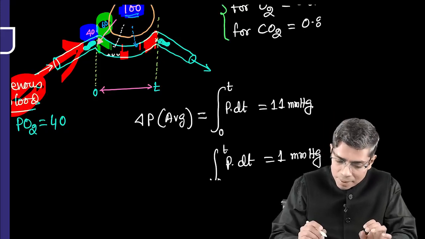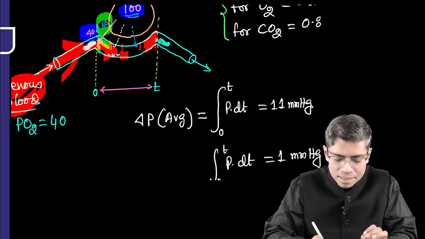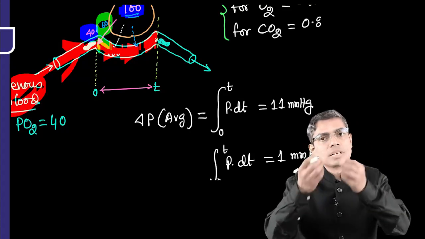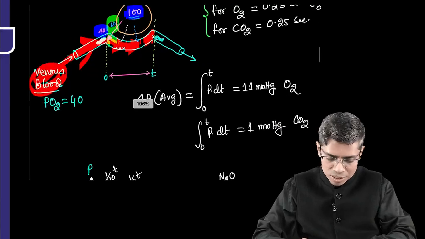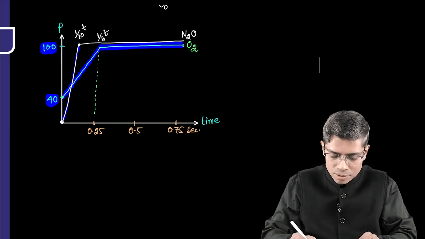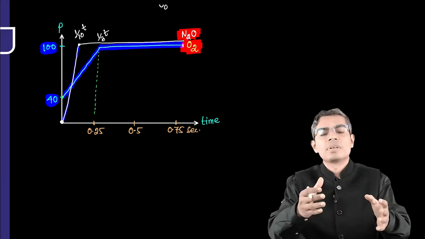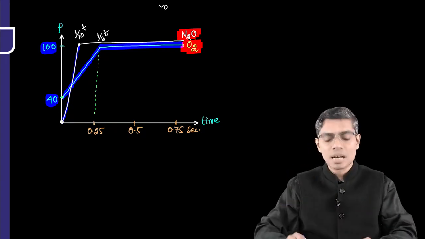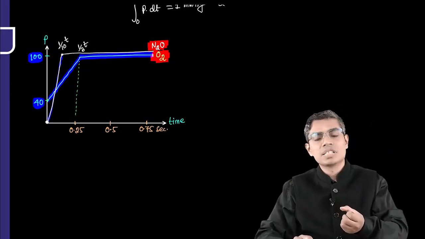But if I give fresh blood inside this pulmonary capillary, then the fresh blood is going to take more oxygen. So the only way you can increase the diffusion of nitrous oxide and oxygen is by changing the blood flow, or by changing the perfusion of the lung. More and more new blood coming means it can take up the oxygen.